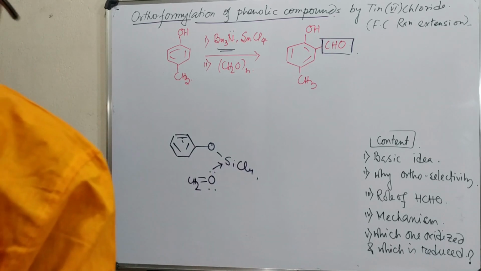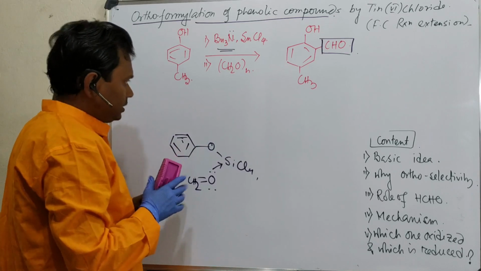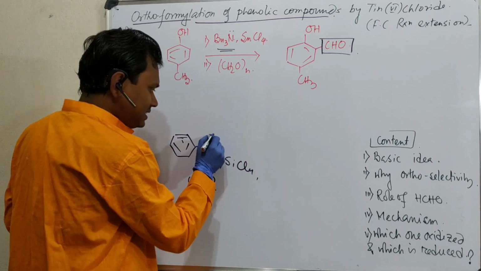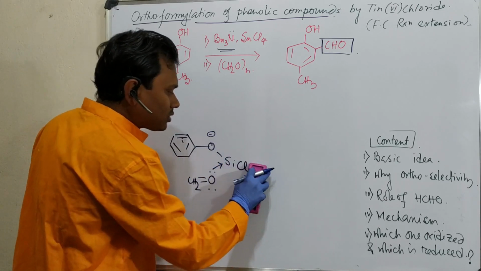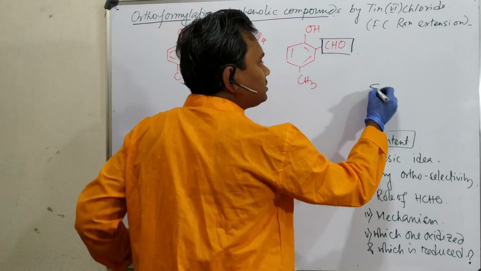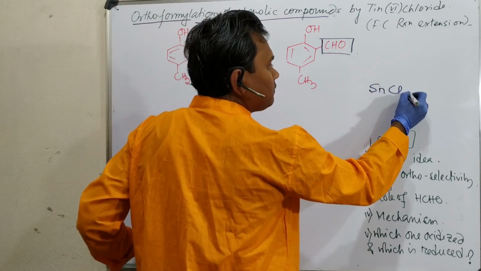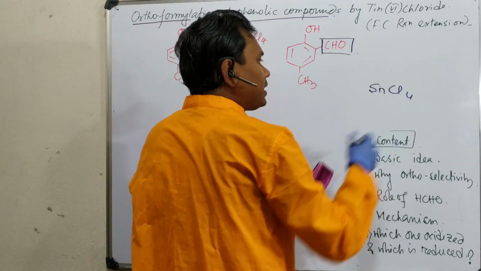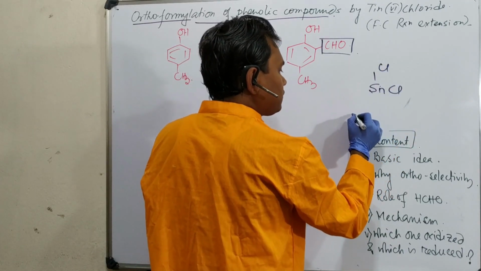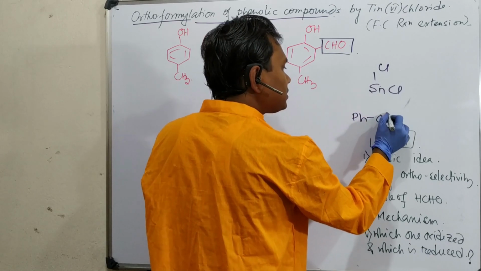By the way, one thing I made a mistake on: when this is minus, and it donates, one chloride will leave, and ultimately, by charge, this is SnCl4. You can write it this way for better understanding. So if you put phenoxide, what is expected?